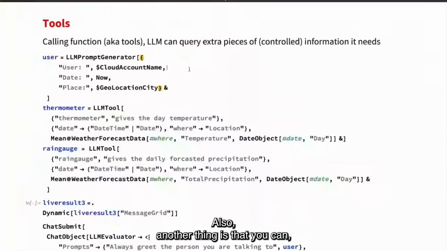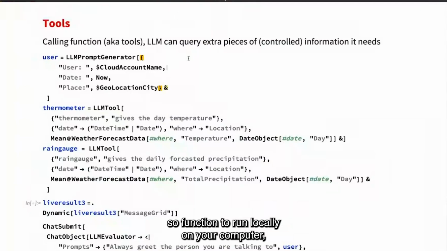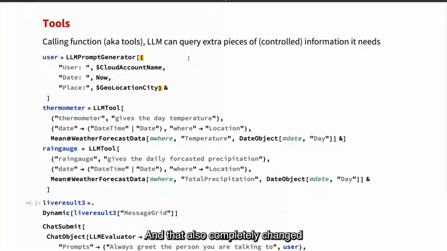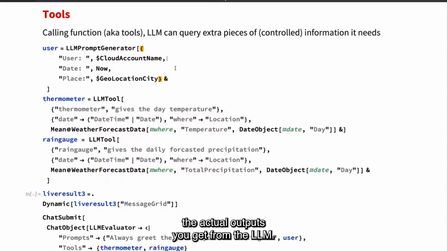Also, another thing is that if you provide tools, so functions to run locally on your computer, the LLM can query those tools on demand and get information from you, information you control. And that also completely changes the actual output you get from the LLM.